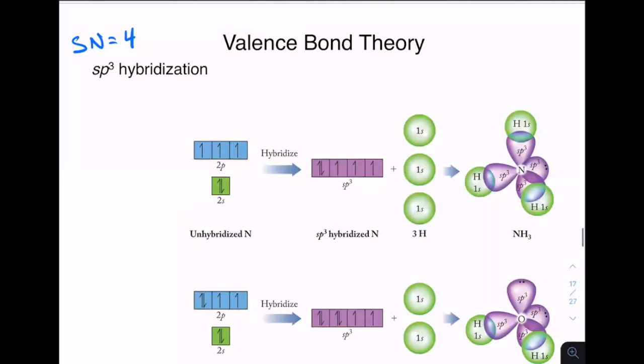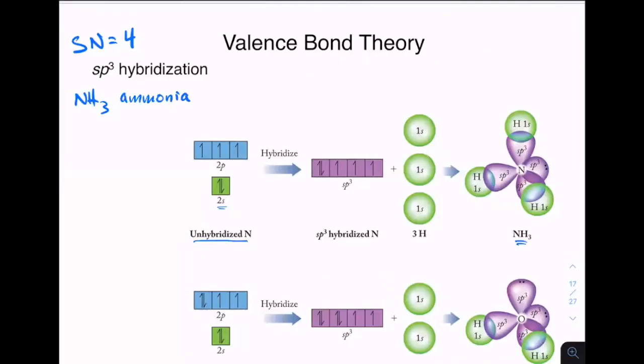What do we got here? We got ammonia, NH3. We've looked at that plenty, so let's look at it now in the context of this model. If we look at unhybridized nitrogen alone, this is what we have: the 2 electrons at the 2s level, and then 1 electron each in the 3 degenerate p orbitals.